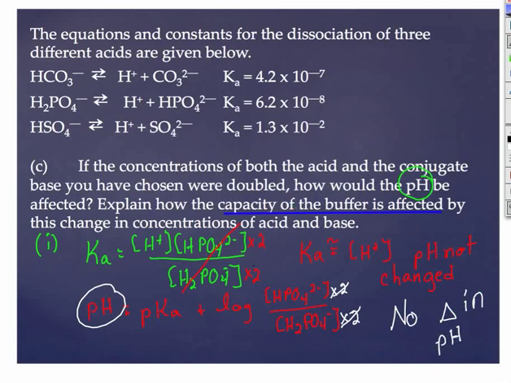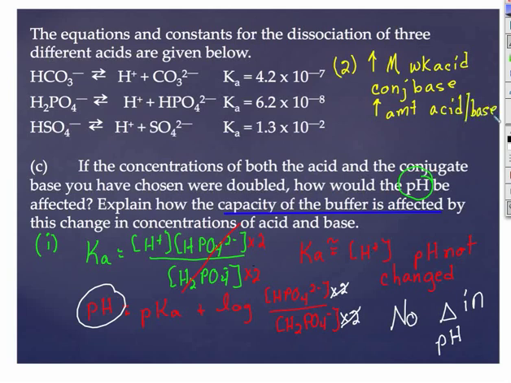Now, what about the buffer capacity? Well, the answer to the second part is if you increase the molarities of your weak acid and your conjugate base, you increase the amount of acid and base that can be added before the pH changes.